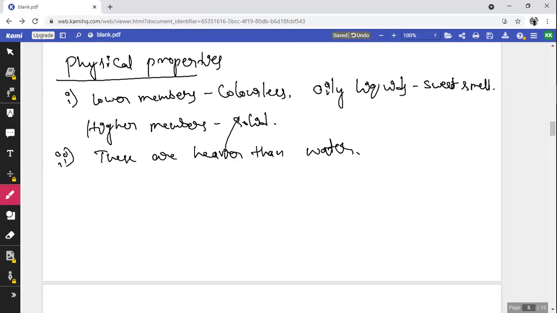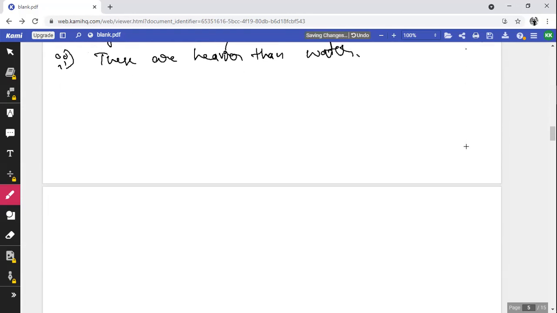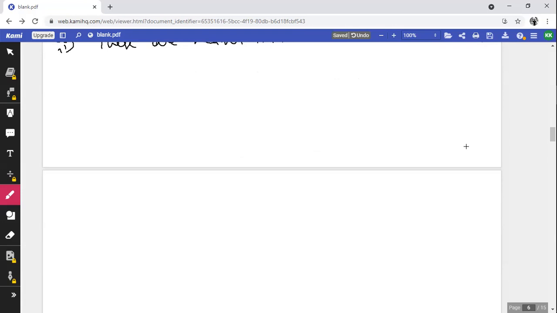So these are the important physical properties of dihalides. Then we will go for the chemical properties.